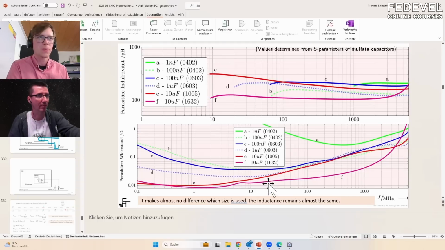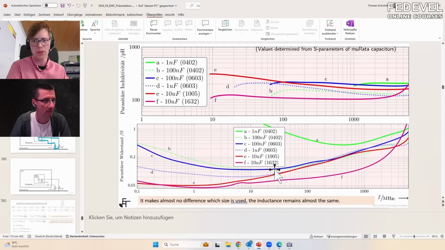Yeah, I would say that's what you have here. Here you can see the parasitic inductance of different sizes of capacitors, and this is the ESR. I extracted it from the S-parameters of the vendor, and here it was Murata in this case. And here you can see the losses over the frequency.